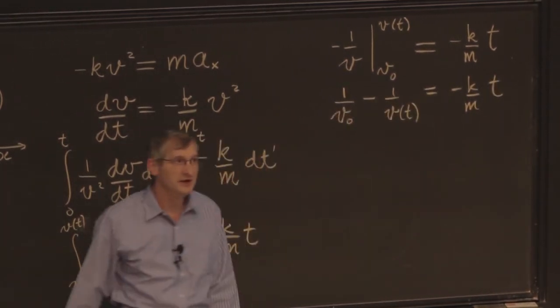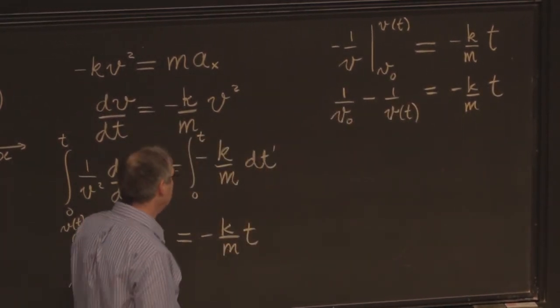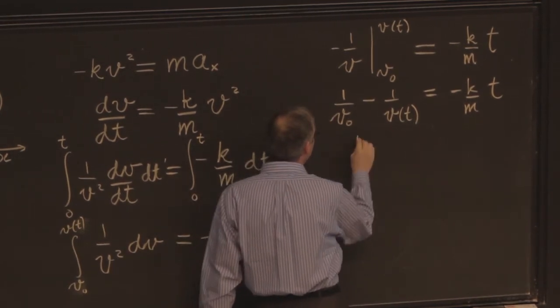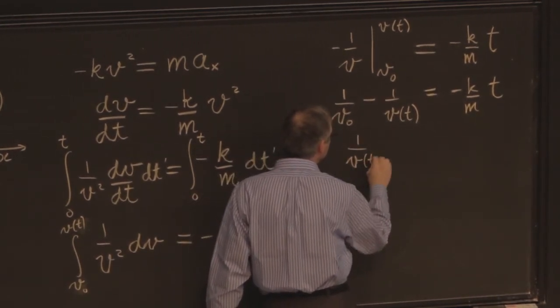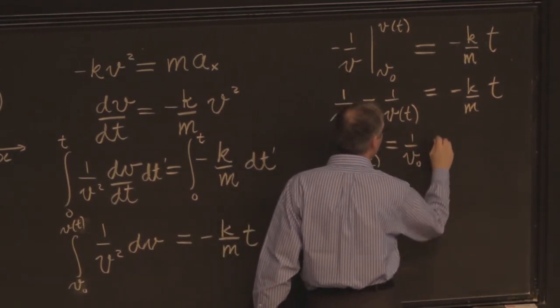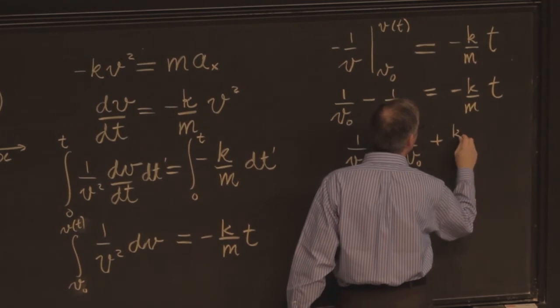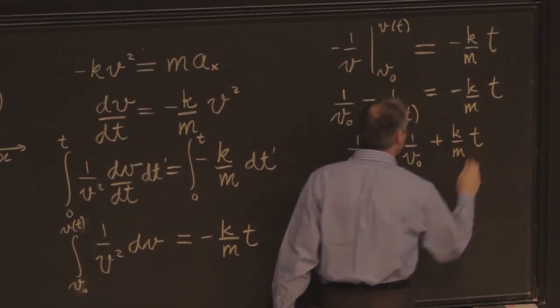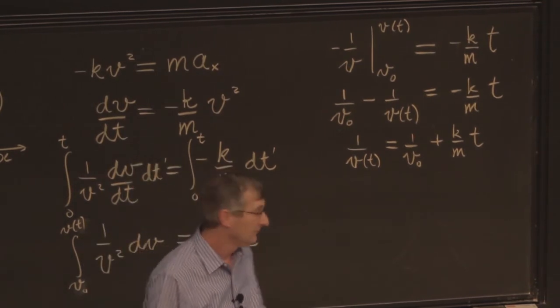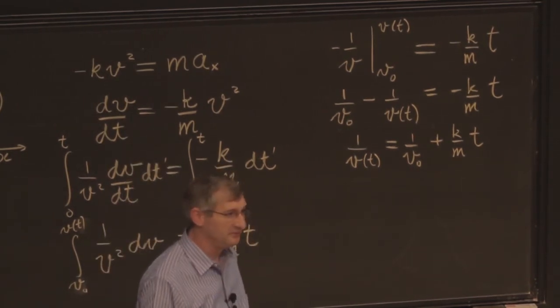So multiply through by minus 1 and throw this term to the other side, and we have 1 over v is equal to 1 over v naught plus k over m t. Now we flip.